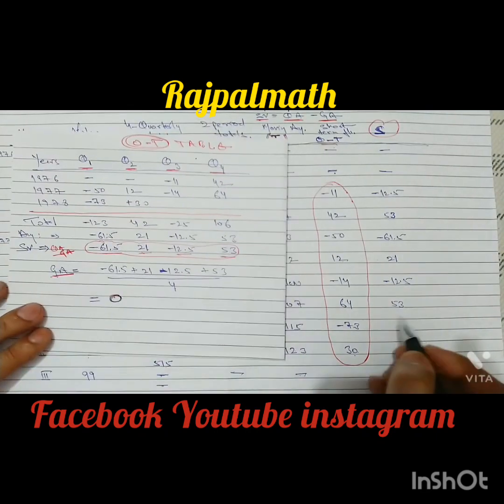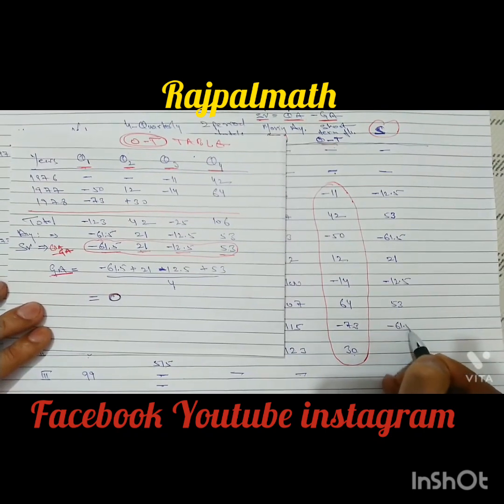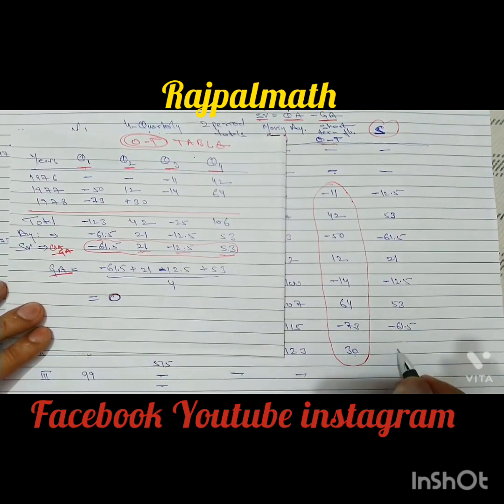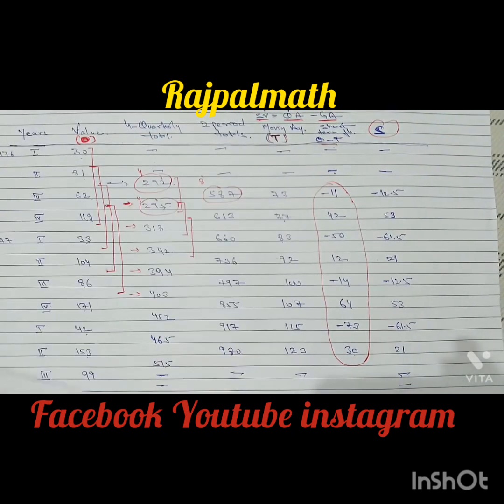Again for 1978, first quarter minus 61.5, second quarter 21.